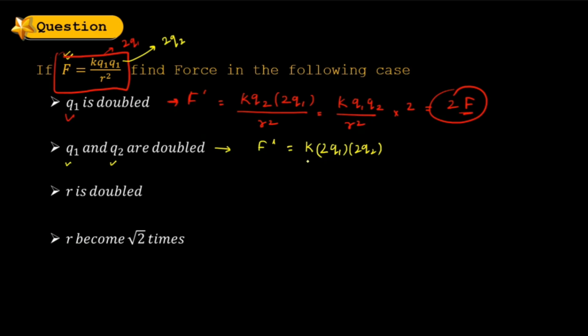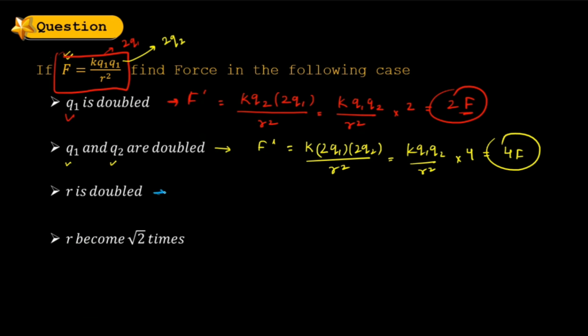Think properly. It becomes 4 times. We just have to substitute the values and analyze what is going to happen.